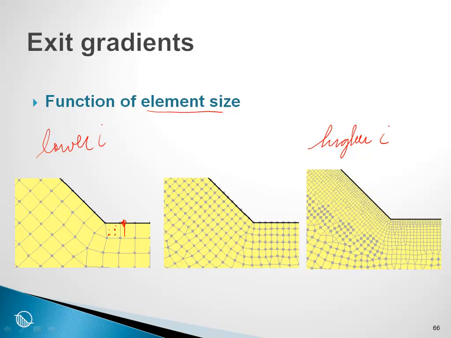So we have to be cognizant of the fact that gradients at the surface are a function of element size. This does not necessarily mean that we should use very small elements, as I will come back to in a little bit.